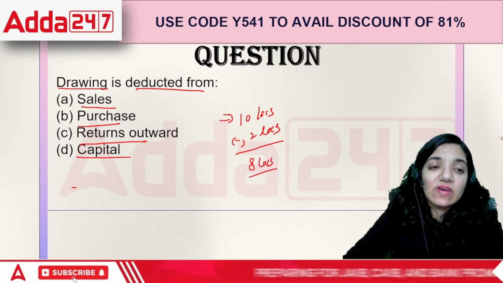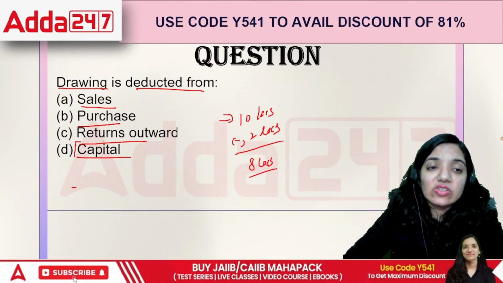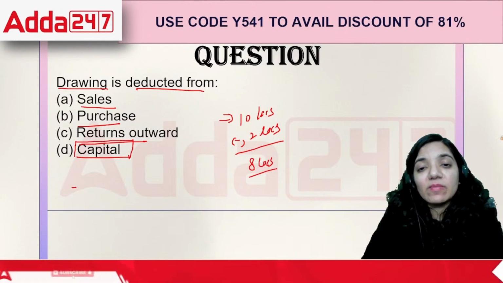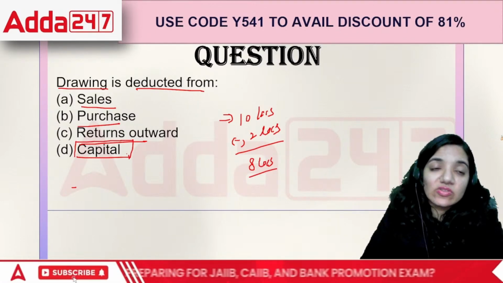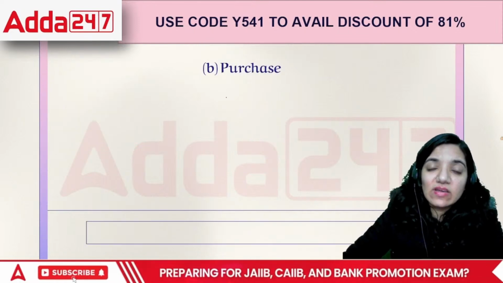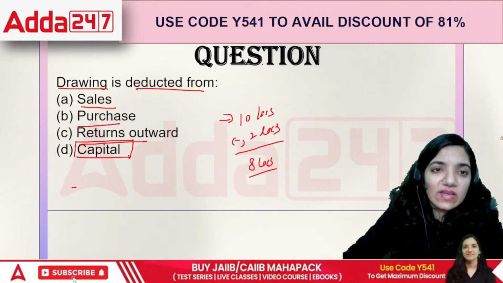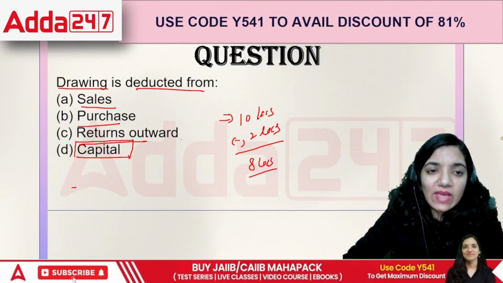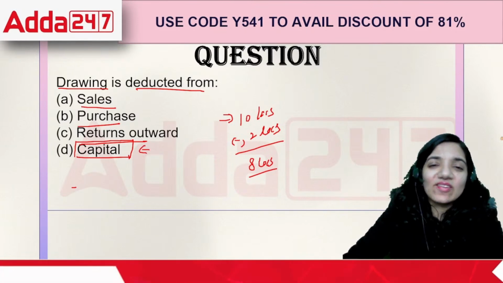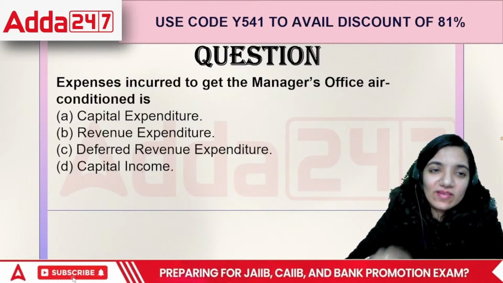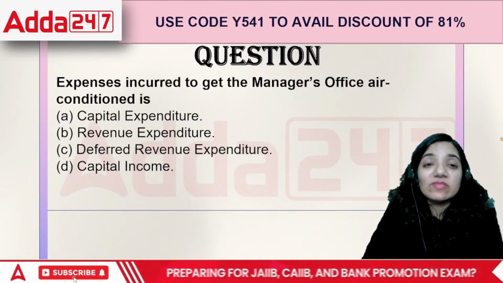That simply means if I withdraw some money, then it is reducing my capital, isn't it? The money which I have invested in the business. So the answer is drawings is deducted from capital. Just a mistake there.